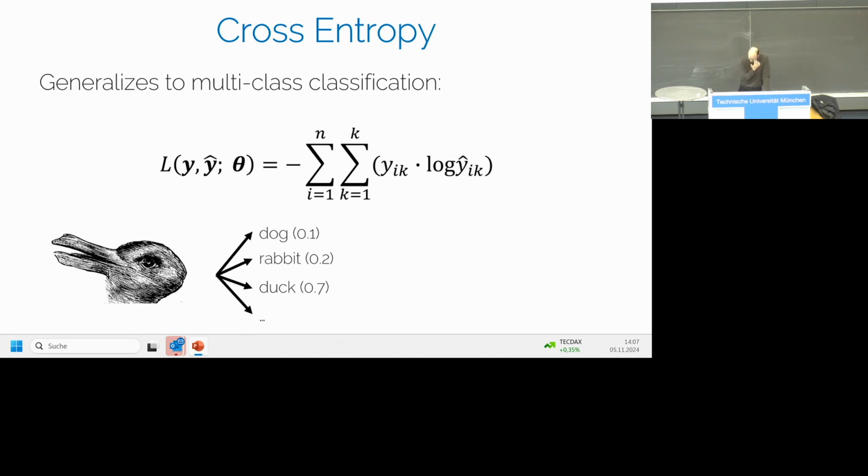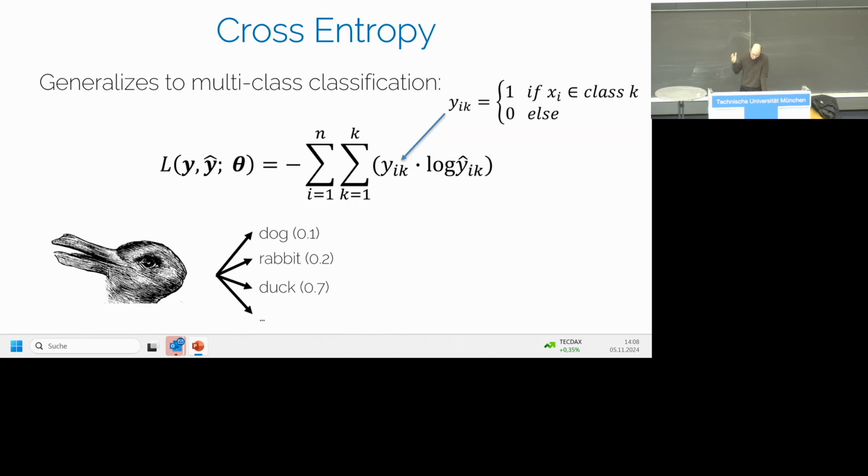An obvious way to generalize this binary cross-entropy to what's called the cross-entropy, in the case it's no longer binary, is to introduce indicator variables, binary variables for each class. And so yik is a binary variable that is 1 if xi is in class k and 0 else.